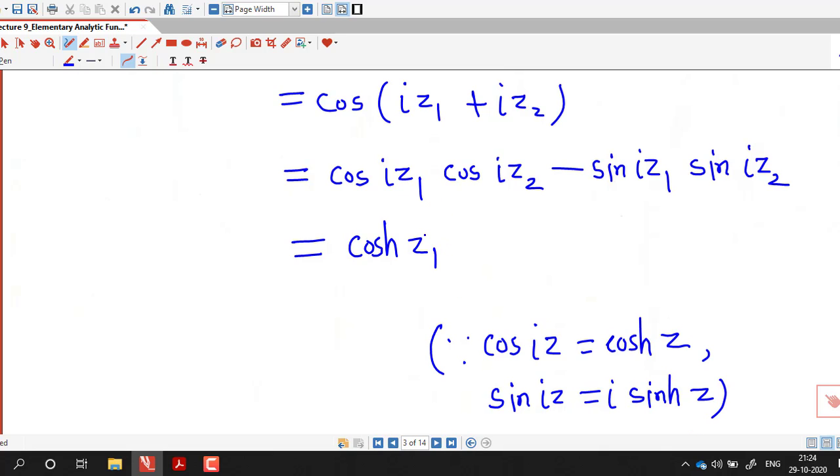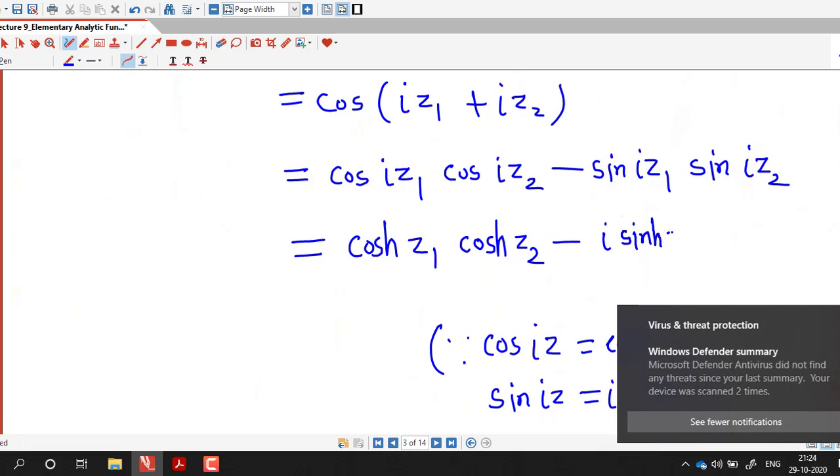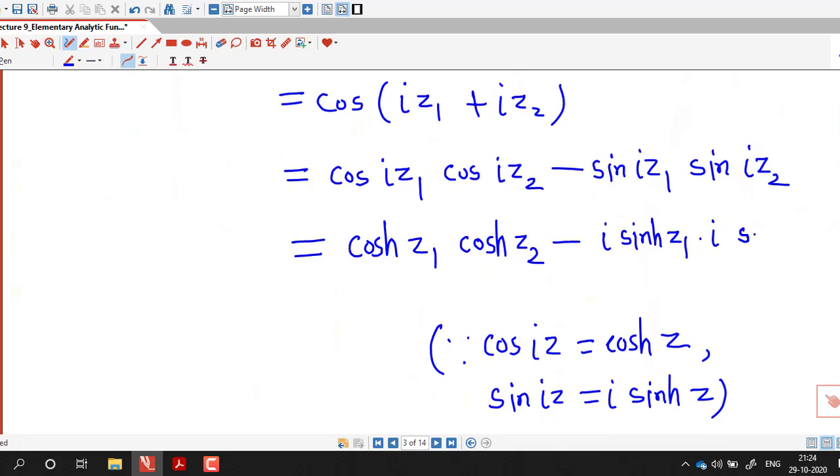So cos iz1 is cos hyperbolic z1, cos iz2 is cos hyperbolic z2, sin iz1 is i times sin hyperbolic z1, and sin iz2 is i times sin hyperbolic z2.